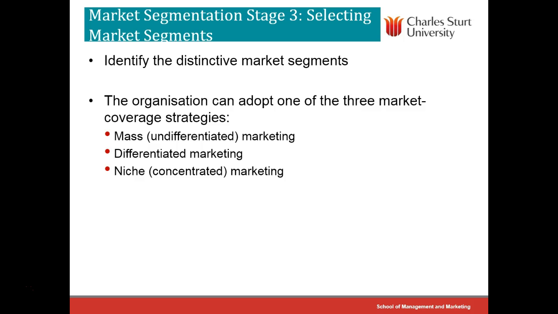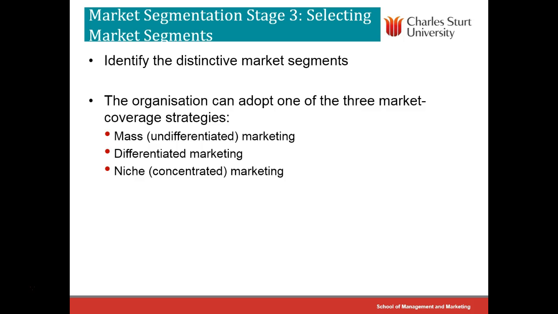Now, the three market coverage strategies: mass undifferentiated marketing, where an organisation may do this to reduce costs because you've got the same offering for everybody. Differentiated marketing, so we might try and position ourselves away from the competition by providing something of benefit to the consumer.